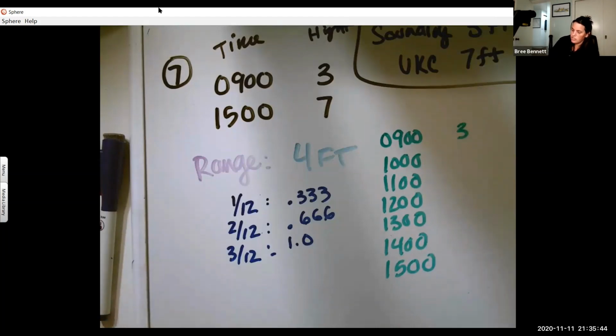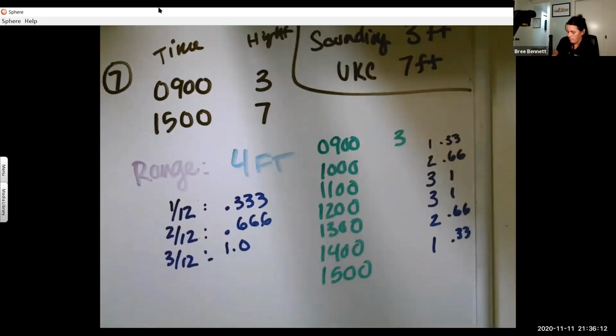My change is going to be 1, 2, 3, 3, 2, 1. That's my pattern. So my 1 is going to be 0.33. My 2 is 0.66. My 3 is 1. So let's put in our numbers.